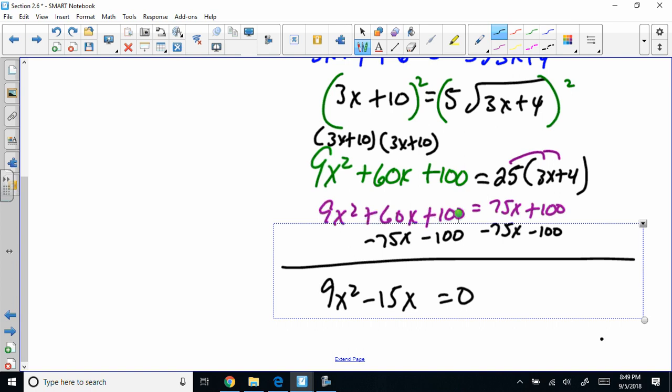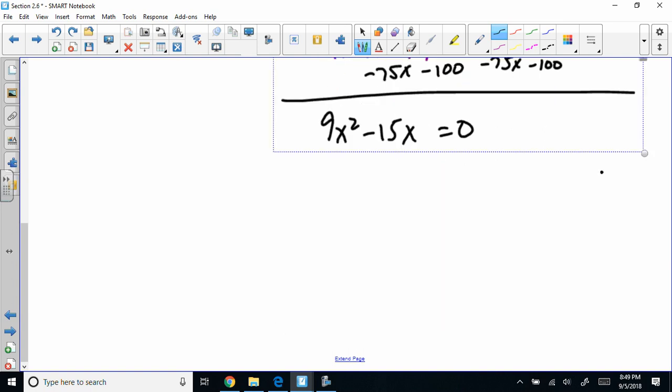Greatest common factor. You can solve it by doing the greatest common factor. So what's the greatest common factor between 9 and 15? 3, good. And I guarantee I'll take an x, right? So therefore, that leaves me at 3x squared minus 5 equals 0.